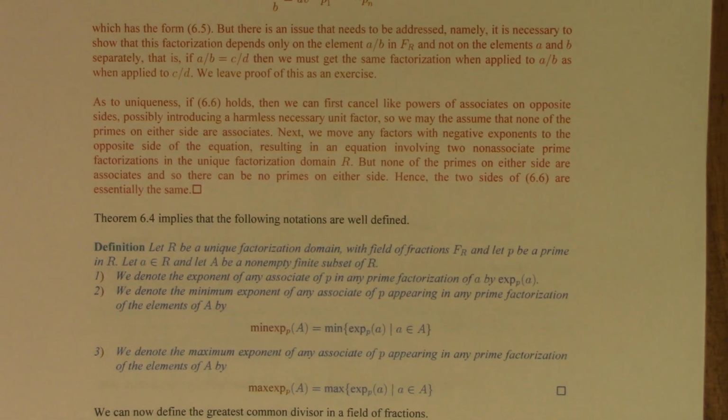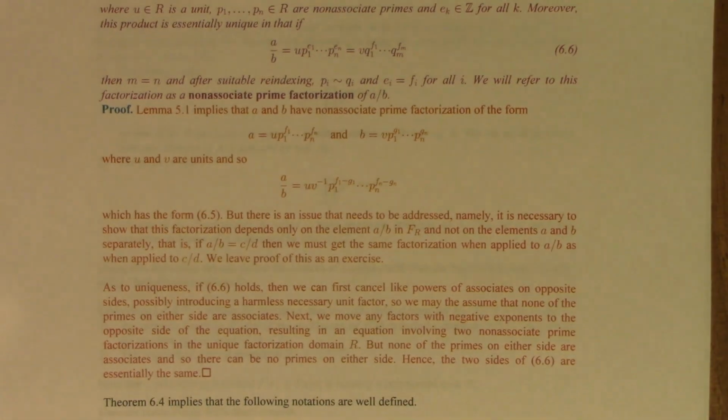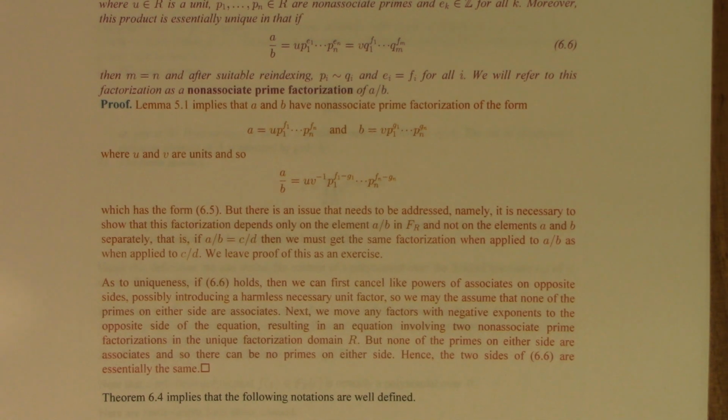Now, as far as uniqueness is concerned, suppose we do have this situation. Well, the first thing we can do is cancel like powers of associates on opposite sides.